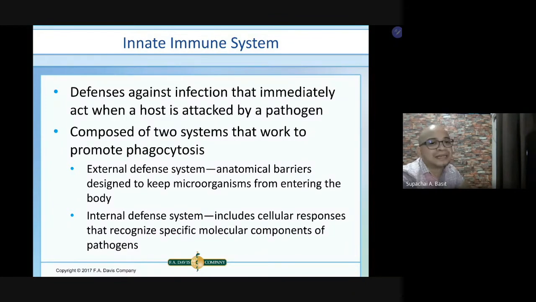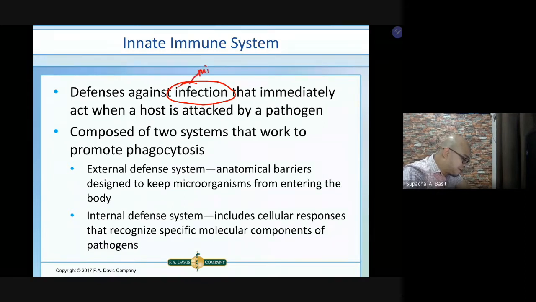Okay, so let's talk about the defense against infection. When you say innate immune system, I have already defined this a while ago. It is our overall defense against infection. So when you say against infection, we are referring to microbial infections.